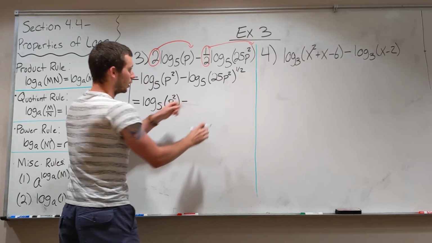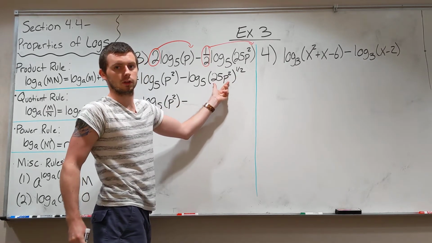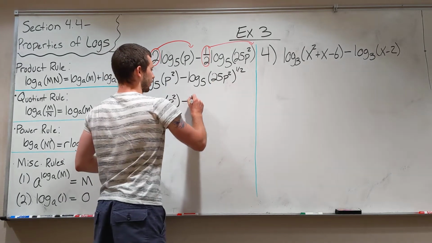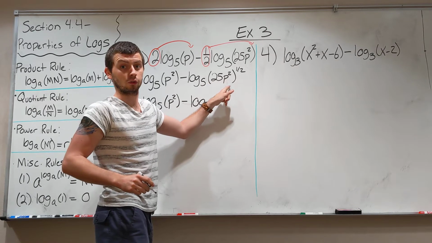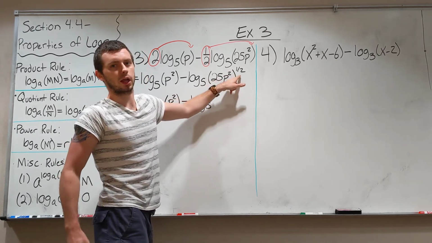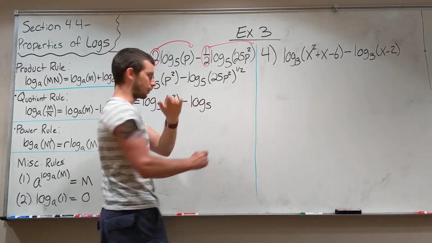That property being, well, this means square root, and we're taking the square root of a product of things, which ultimately means we're taking the square root of 25 and p squared. The square root, so 25 to the 1/2 is the same thing as the square root of 25. That's just 5.